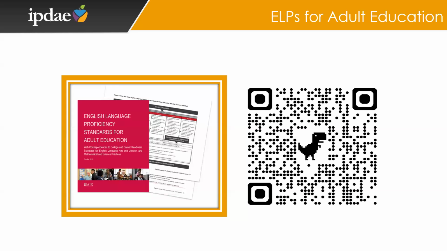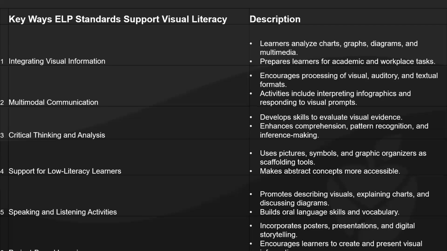All right, so the English Language Proficiency Standards, or ELPS, for adult education promote visual literacy and encourage the use of visuals to enhance learning and communication. On this slide, you're looking at a few ways English Language Proficiency Standards support visual literacy. We're focusing on visual literacy for now.